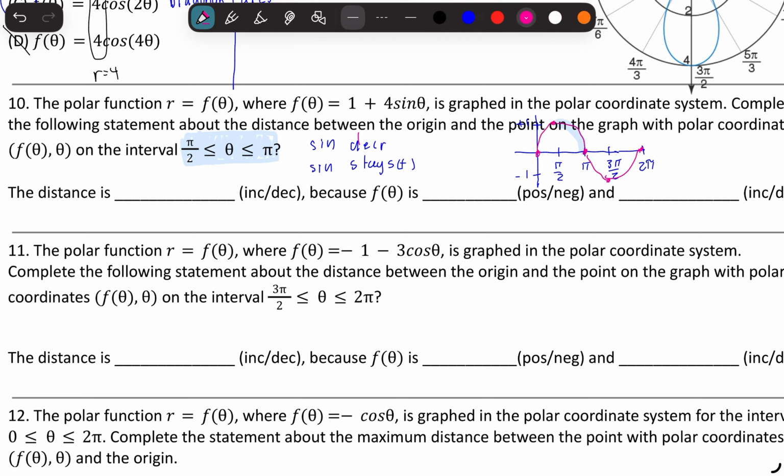Sine is decreasing. You can see that because if you draw these tangent lines, we can see they're slowly getting steeper, but they're getting more negative.